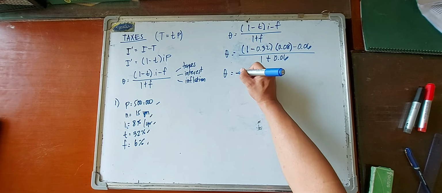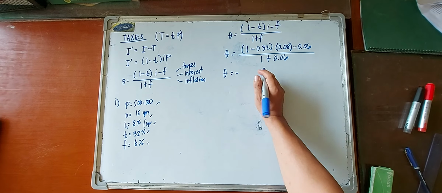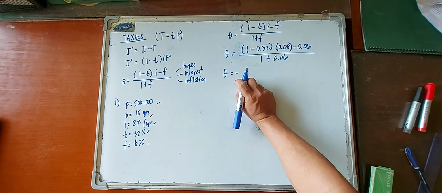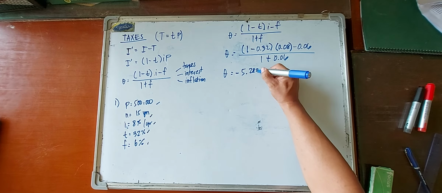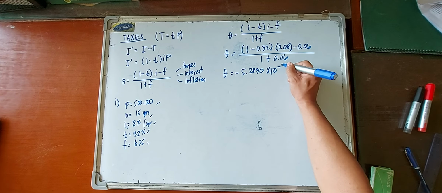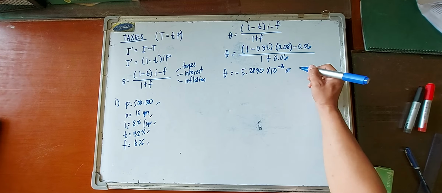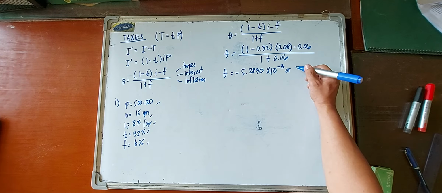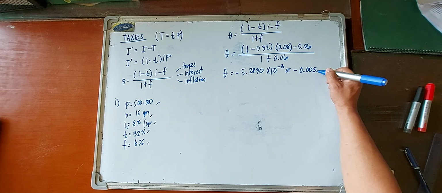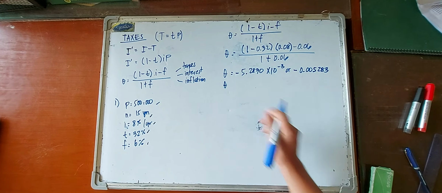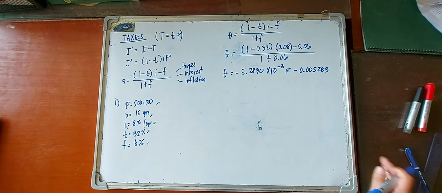So sabi ko kanina, pwedeng maging negative yung composite interest. So pag negative yan, lugi ka dyan. Okay. So that is 5.28 or is equivalent to, so this is the composite interest rate.